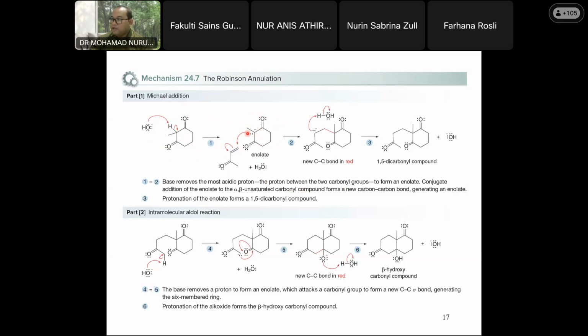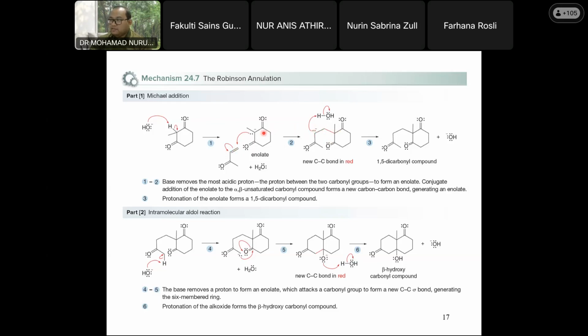In the conjugate addition of the enolate to the alpha, beta unsaturated ketone, the enolate will attack the beta position. If you have a pen, you can put alpha and beta here. They will attack the beta position to form the first sigma bond. And during that time, they form another enolate.